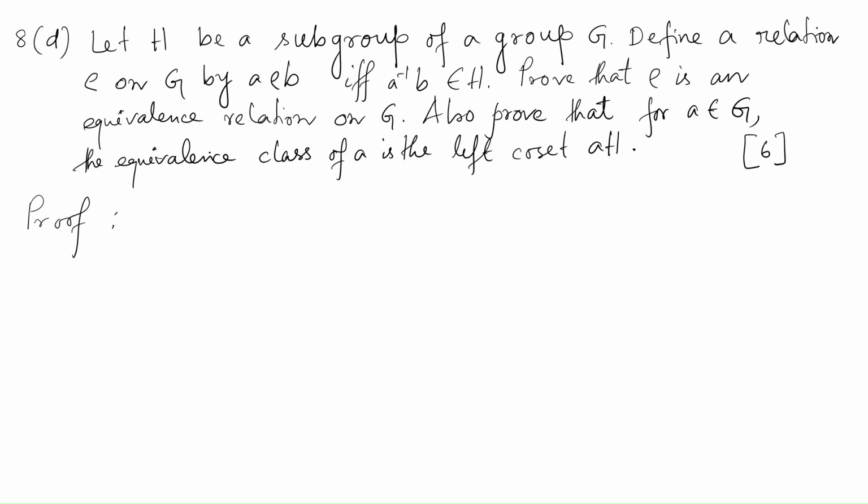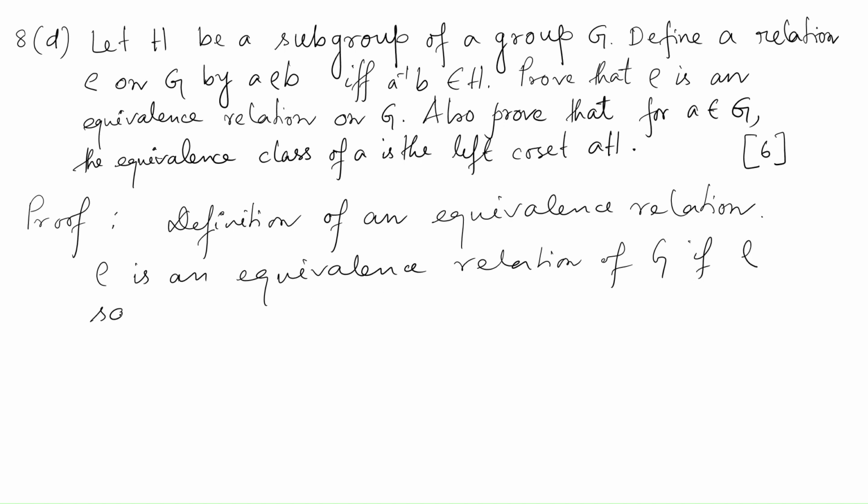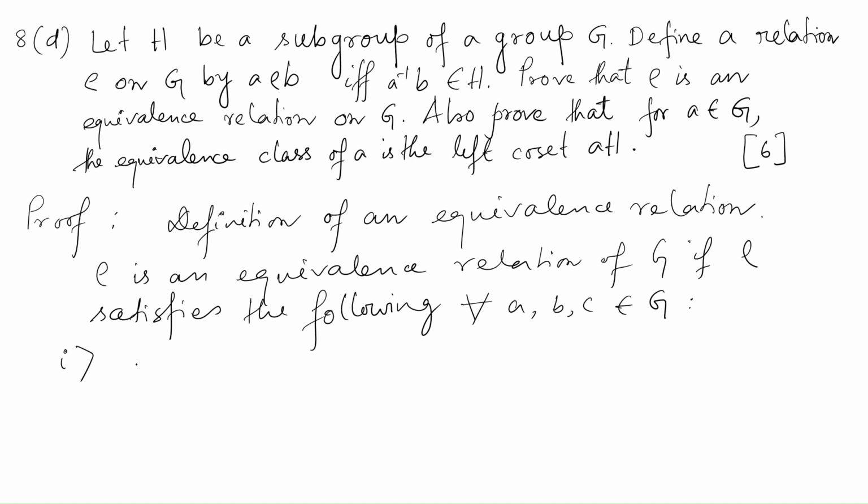What is the definition of equivalence relation? Rho is an equivalence relation on G if rho satisfies the following for all a, b, c belongs to G. Number 1, a rho a, that is called reflexive.